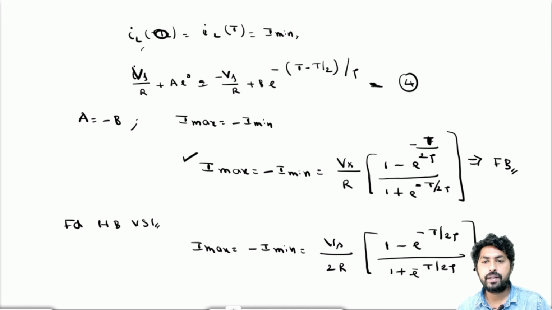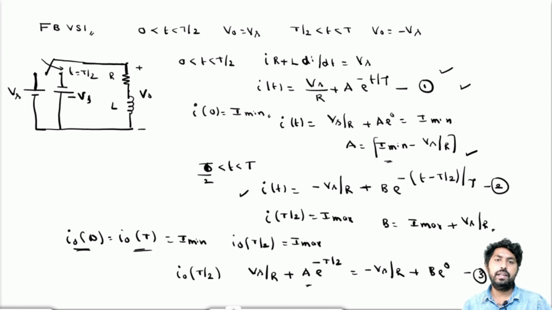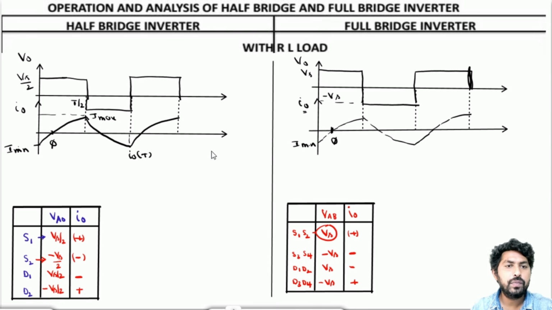Now let us find the conduction period of the different devices. As in the pure inductive load, we determine the conduction period of the different devices. From 0 to pi, voltage is positive and current is negative, so diode D1 will be in the conduction state.